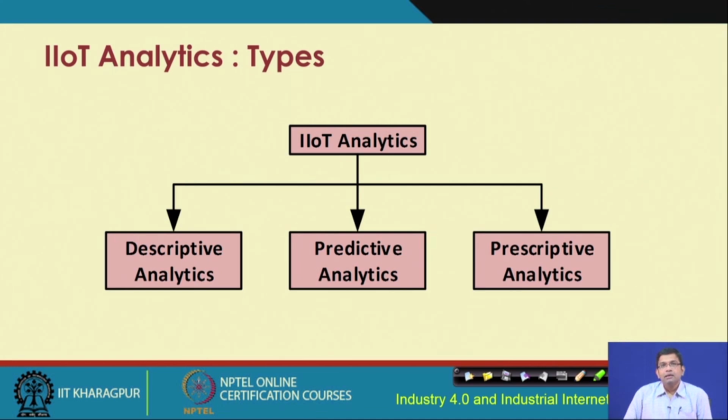So, basically the data that are received will have to be analyzed in order to improve whatever is being executed at present, to get more insight, to get more meaning of the data that is being received from these different machinery, to get a descriptive idea of what is going on at present, that is descriptive analytics.